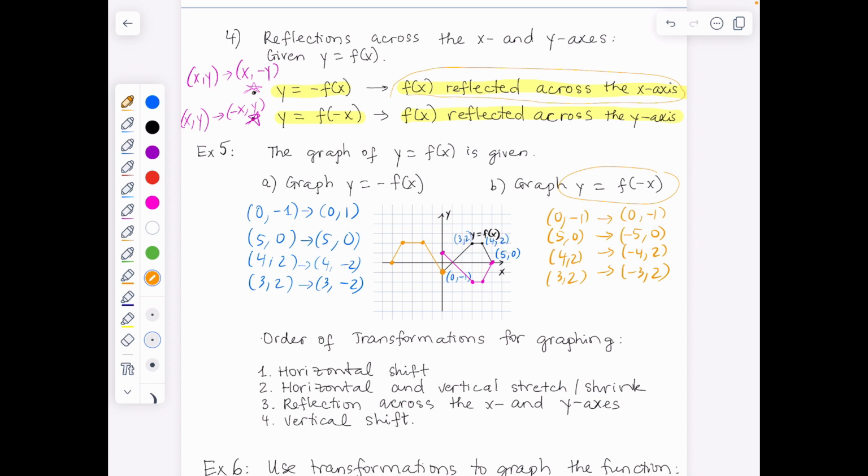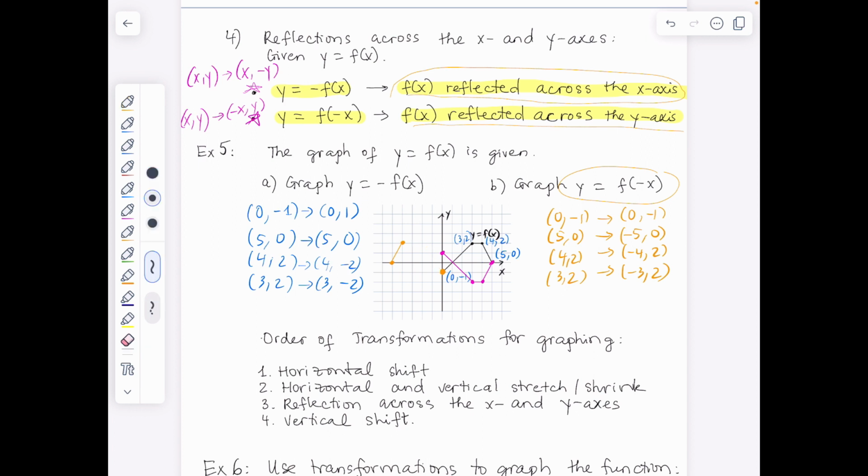So do you see that the orange graph that we just drew is the reflection of the black graph along the y-axis here, which is why we say the graph of y is equal to f of negative x is the graph of f of x that is reflected across the y-axis. So the y-axis now acts like a mirror, and the orange graph and the black graph are the reflection of each other.